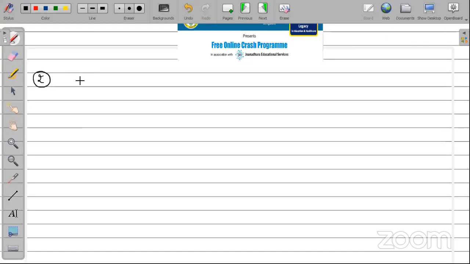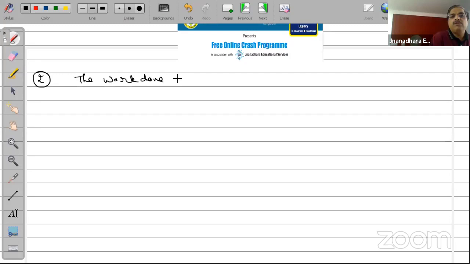The second point is the work done can also be written as the change in potential energy. There are some very interesting problems done on this case. I'd just like to do one of them.